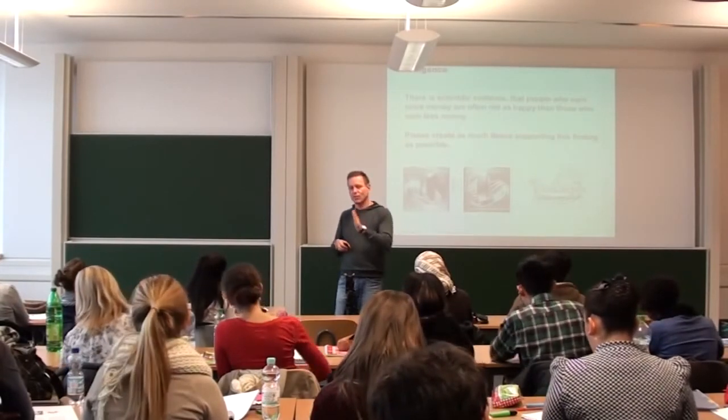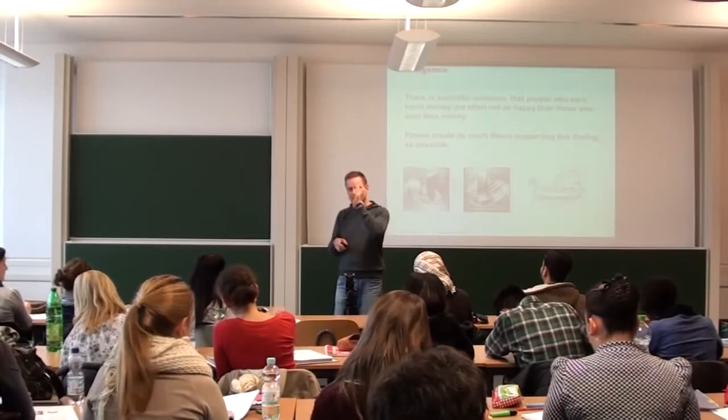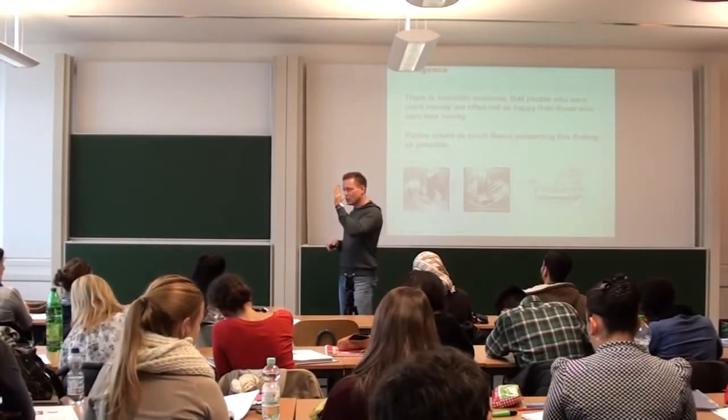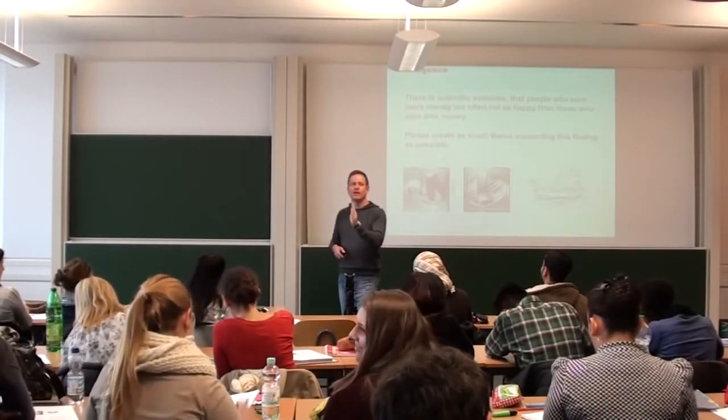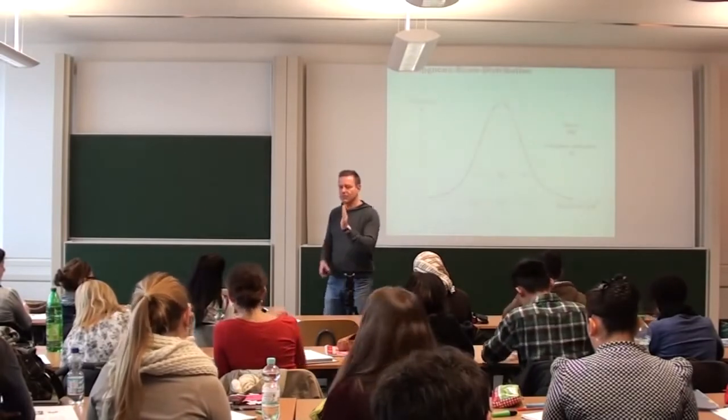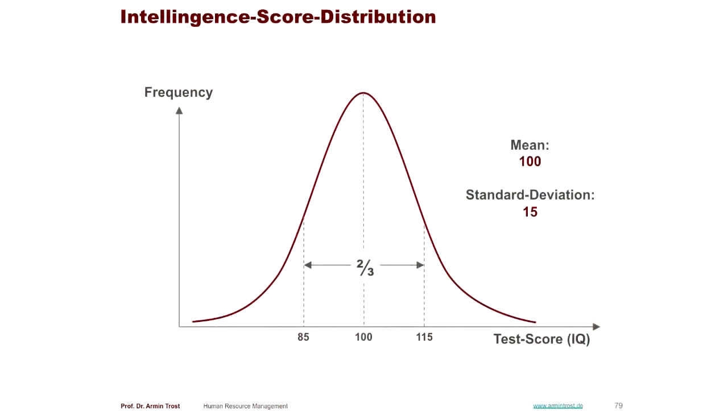Intelligence tests, the classical ones, are designed in a way that the average score is 100, like you can see on this picture here. So you see a normal curve. If we test all the people in the world, at least a random sample, you will find this curve. Average will be 100. This is how tests are designed.